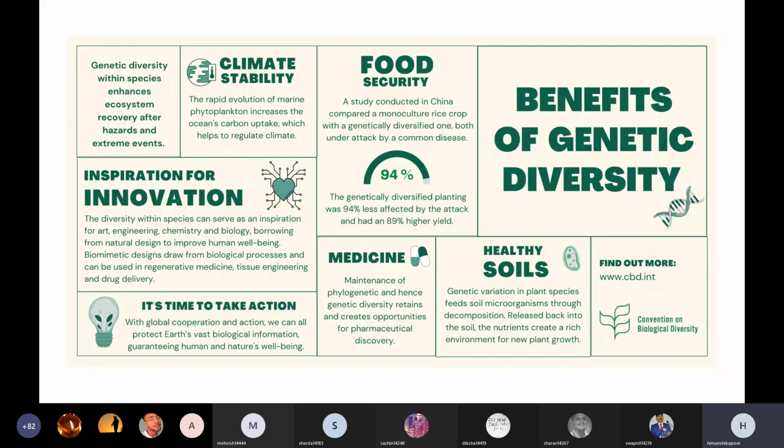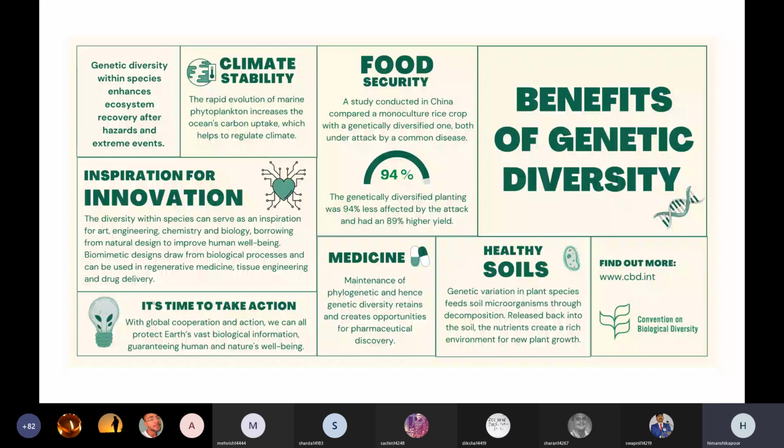So since we are evolving, we'll be able to survive in different environmental conditions. And when we are surviving in different environmental conditions, this may also enhance our ability to help the ecosystems maintain a balance.